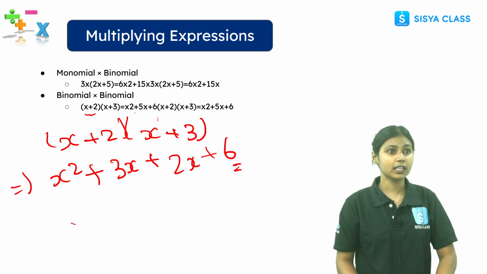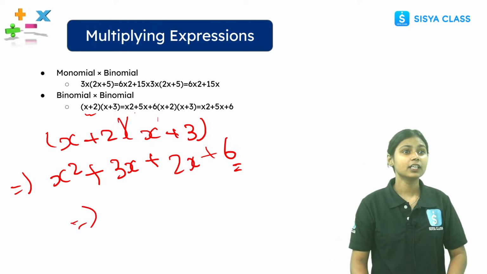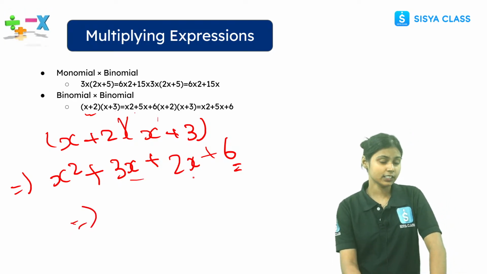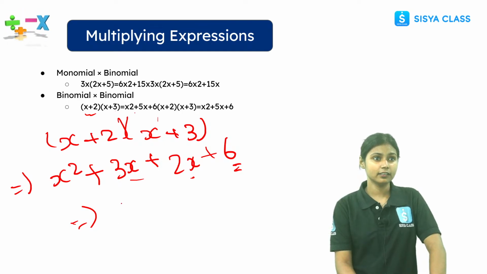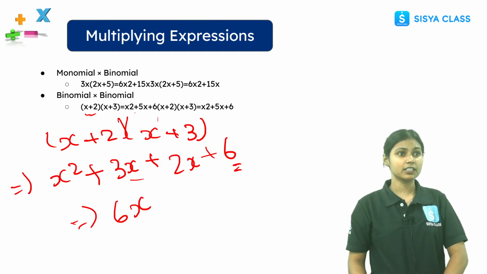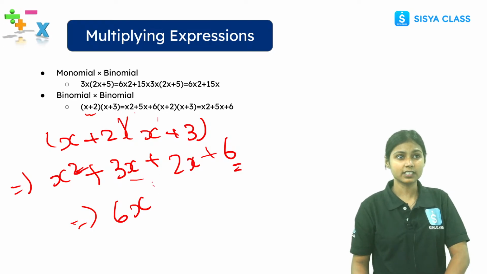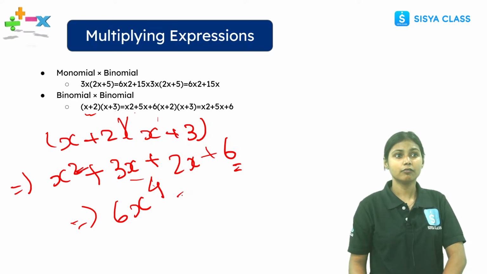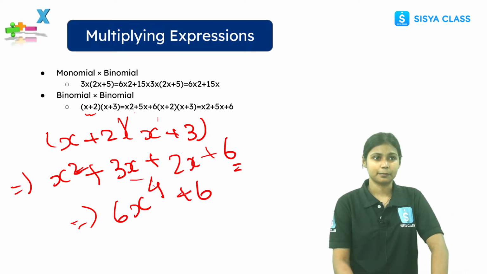So what will be the answer? 3x plus 2x is 5x, so the answer will be x square plus 5x plus 6.